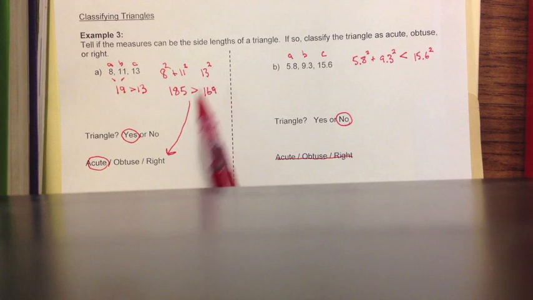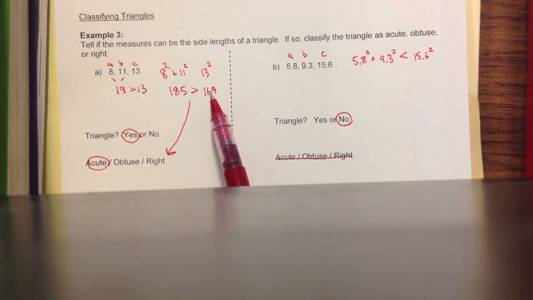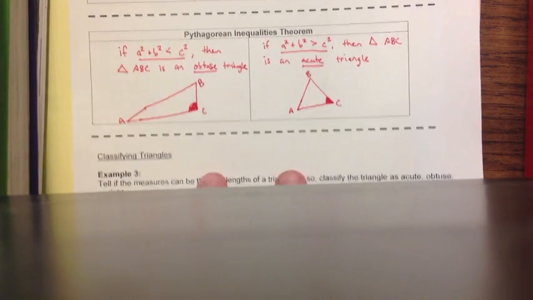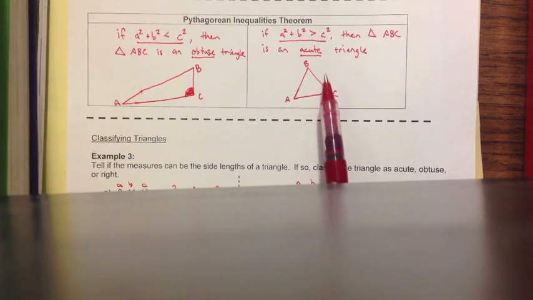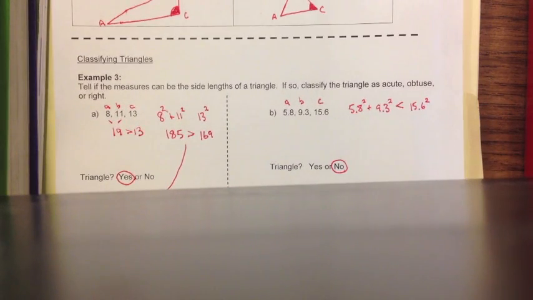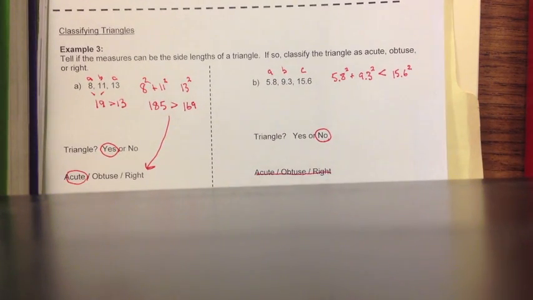Because the whole thing about acute is that it's small. It's smaller than something. So look at c squared on both part A and part B, analyze how it compares to a squared plus b squared, and make that judgment. As soon as we start our homework, this will become a lot easier to conceptualize.